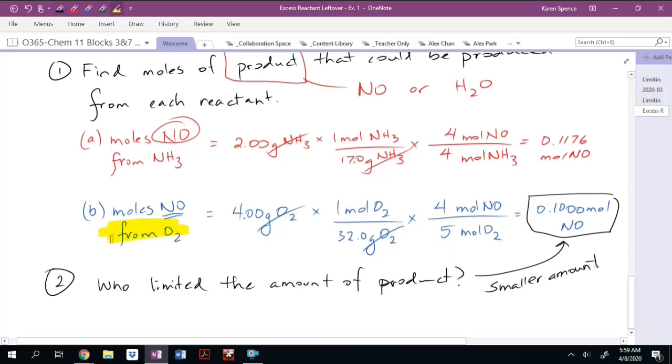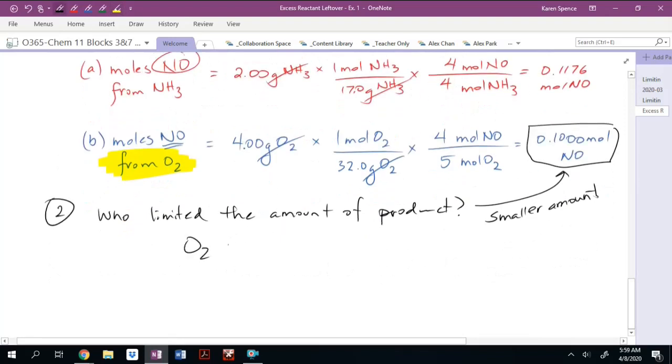That would be your O2. So that means our O2 is our limiting reactant. And if O2 is the limiting reactant, then it follows that NH3 must be the excess reactant. And there you go. That's it for today.